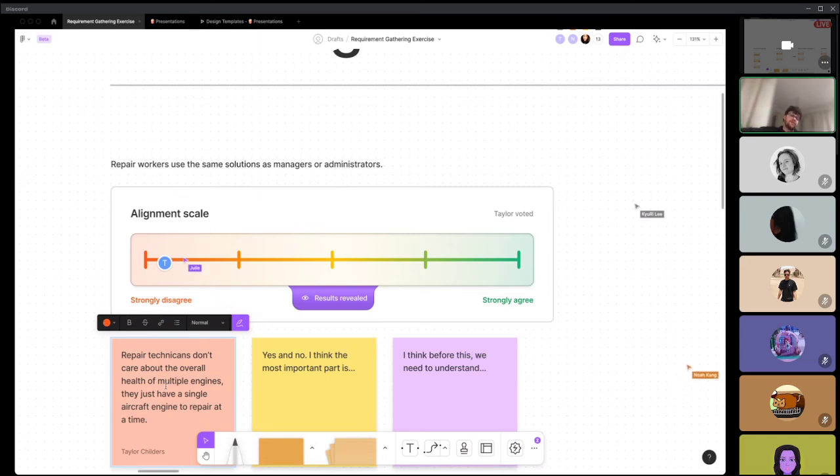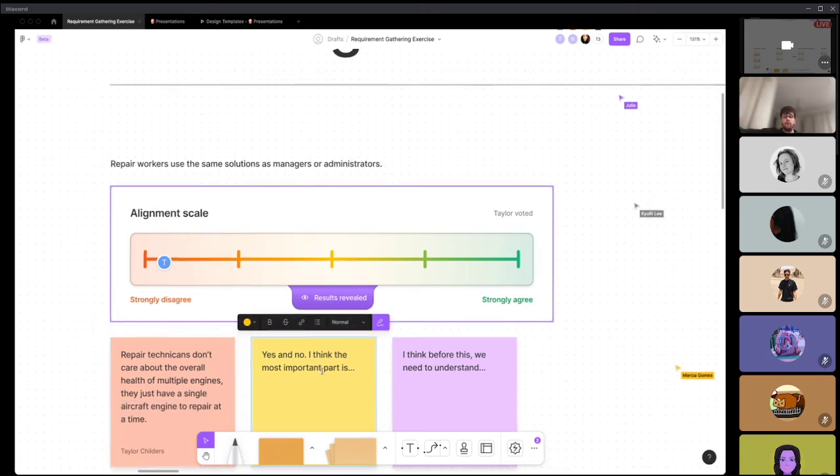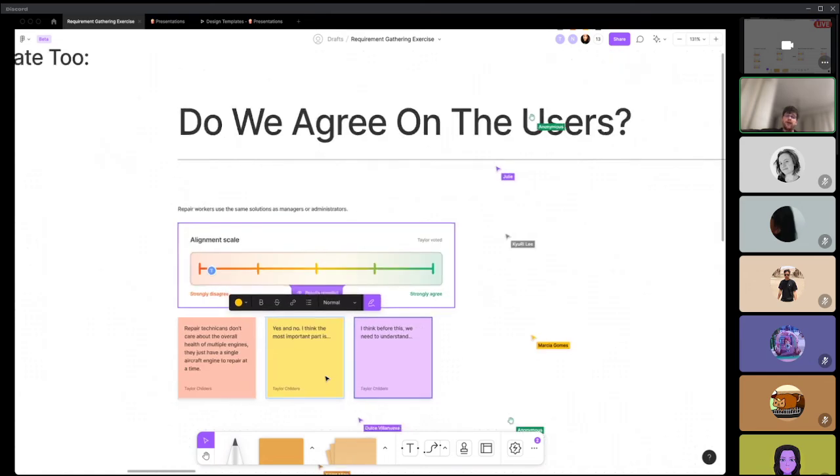And this gives me insight. I would look at that and say, that gave me insight that the way people are using the product currently, they're not repairing multiple aircraft engines at a time. They're just repairing a single engine. I never thought about that before. So I may iterate on that to ask more poignant questions.